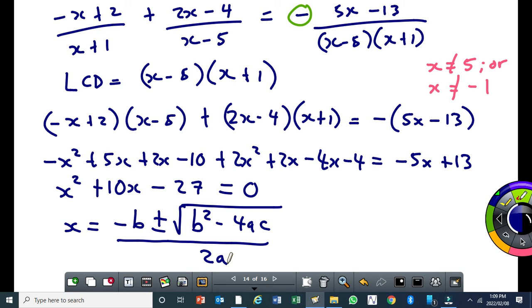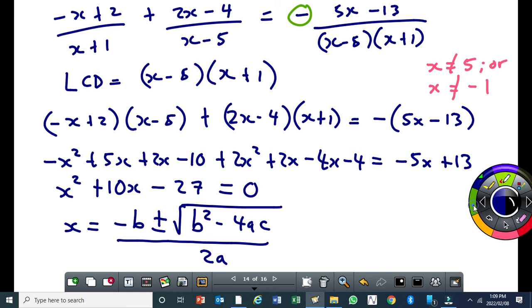Now, these constants a, b, and c, you get them from the equation. So our a is going to be 1, which is the coefficient of x squared. Then b will be equal to the coefficient of the middle term. That's positive 10.